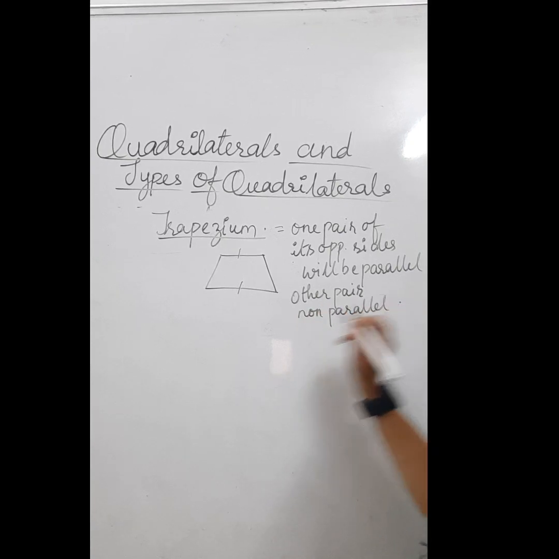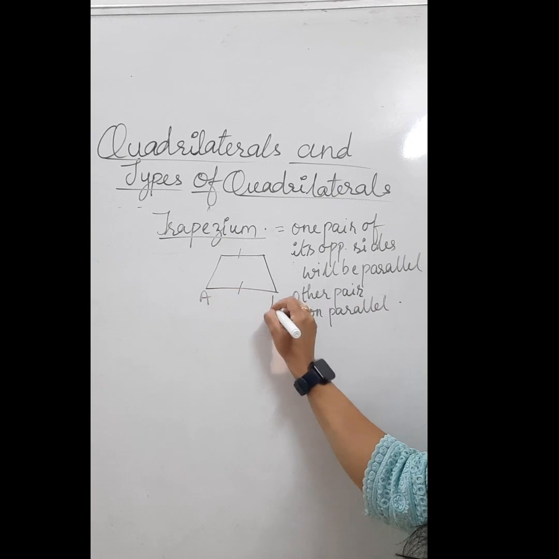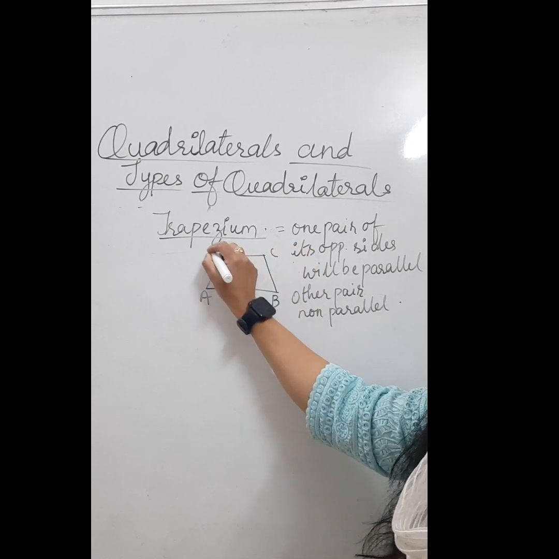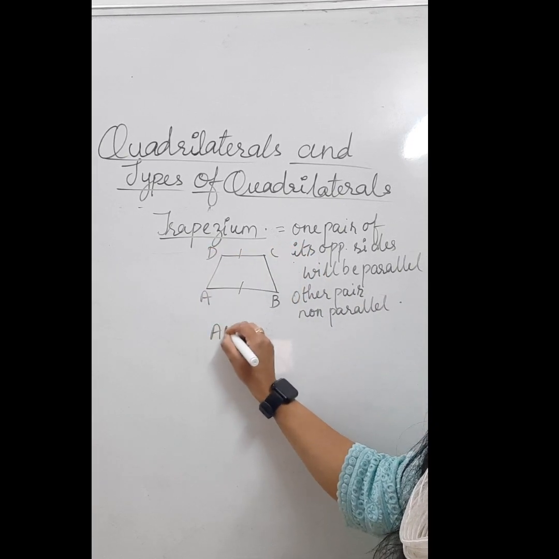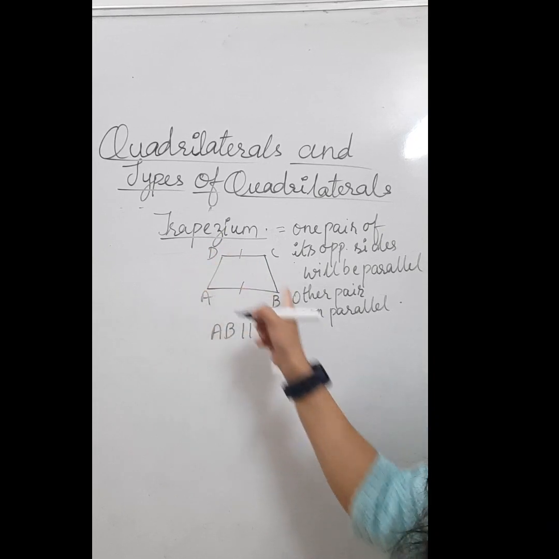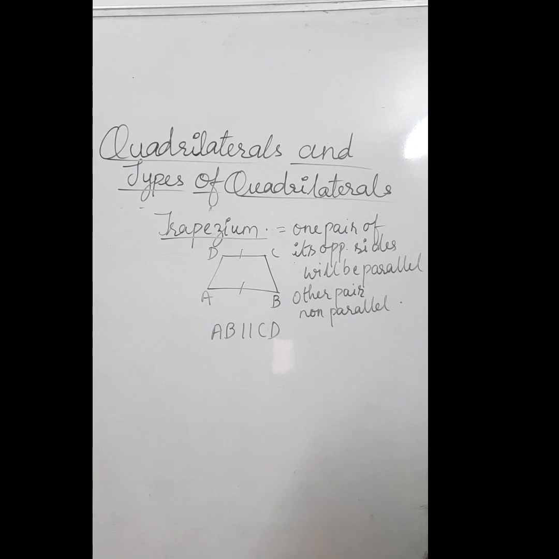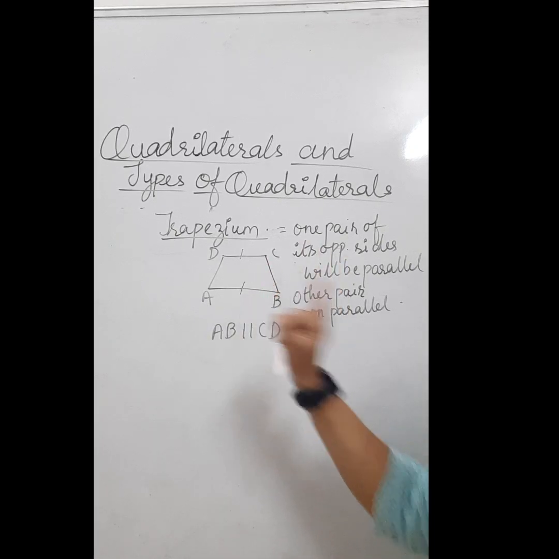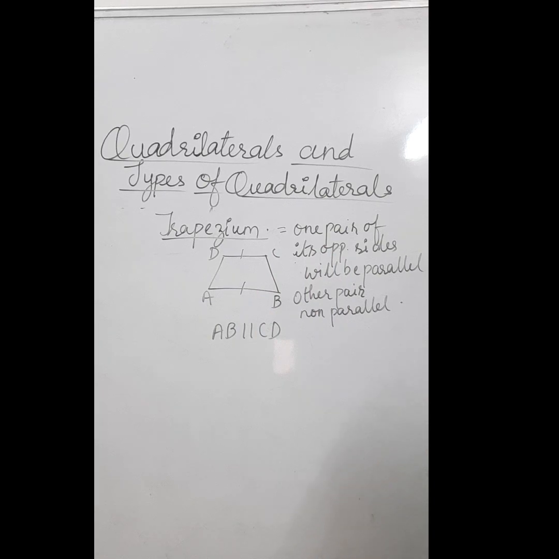So here in this case, we can say that AB is parallel to CD and AD is not parallel to BC. So, a trapezium is a quadrilateral with one pair parallel.